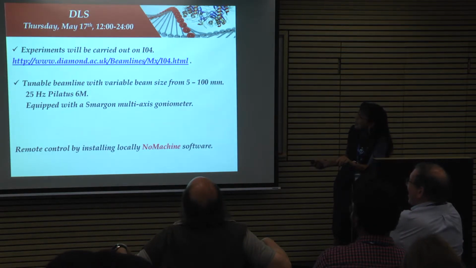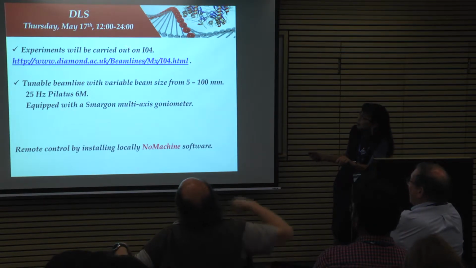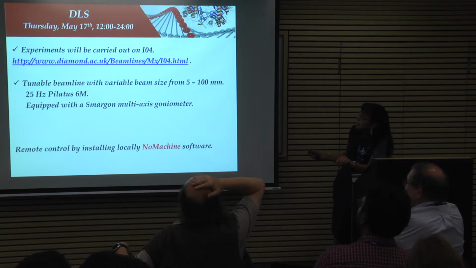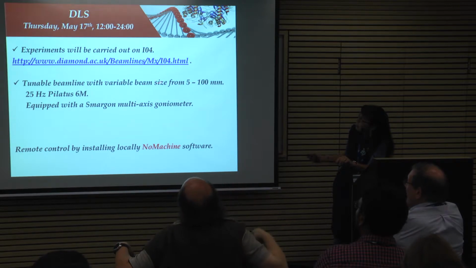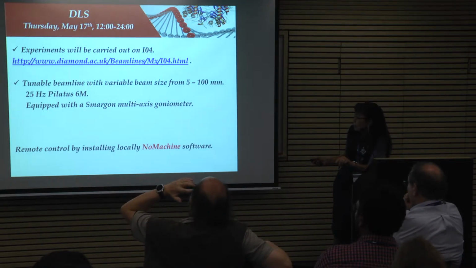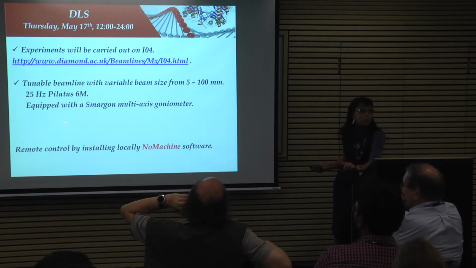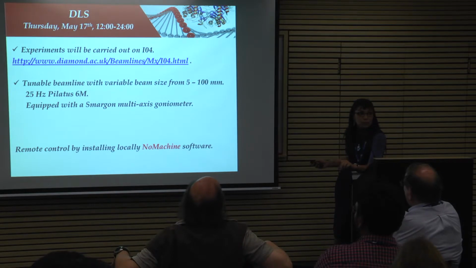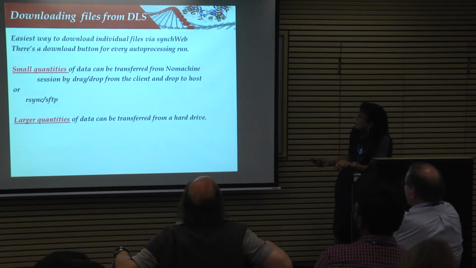At DLS, the experiments will be on I04, and again it's a tunable beam, and that's the size of the beam. We're going to use the NoMachine software, and we're going to get more explanation tomorrow from Nick and Neil.